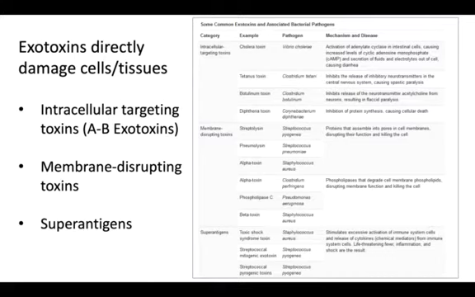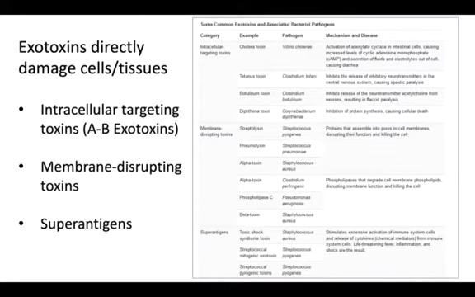And there are three types of exotoxins. We've got the intracellular targeting toxins, or the A-B exotoxins. A second type are your membrane disrupting toxins. And finally, a third type of exotoxins are your superantigens.